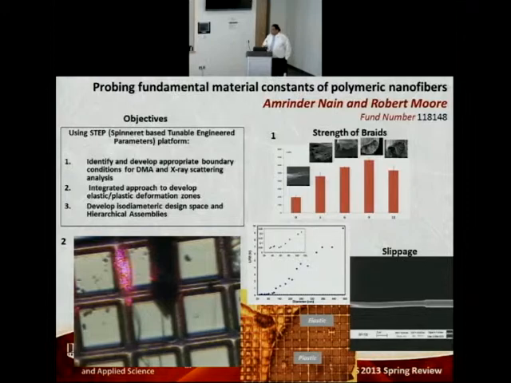The co-PI for this is Bob Moore, and he came in from the polymer chemistry, polymer physical chemistry aspect of things. The objectives outlined were to identify and develop appropriate boundary conditions to study material properties using dynamic mechanical analysis and X-ray scattering methods.